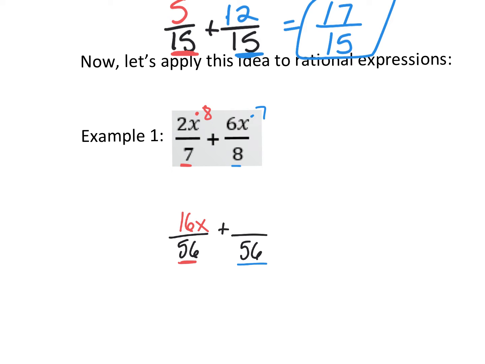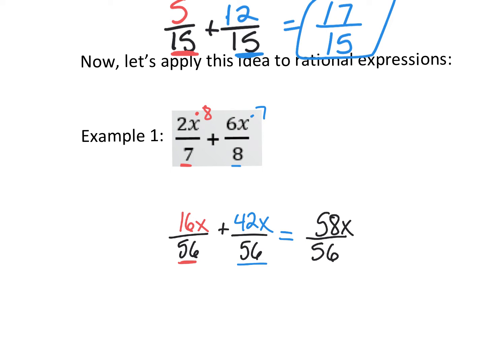What is that going to be? 42x. When we add across, what do we have for the denominator? 56, it stays, good. And then on the top, 58x, perfect.